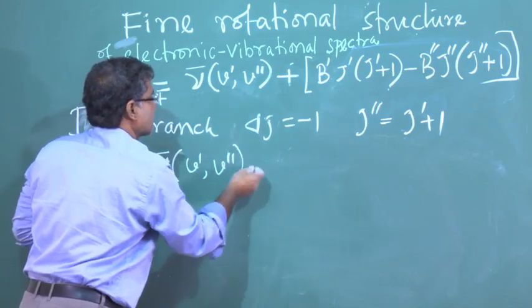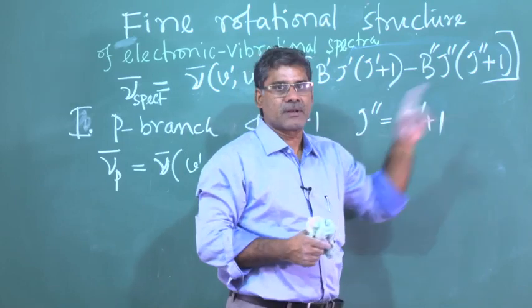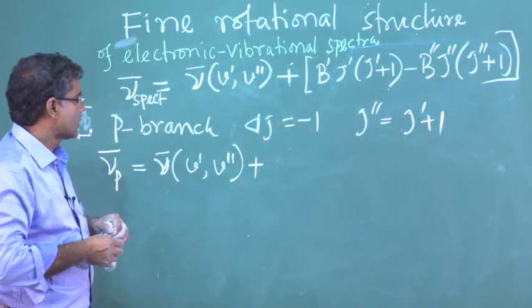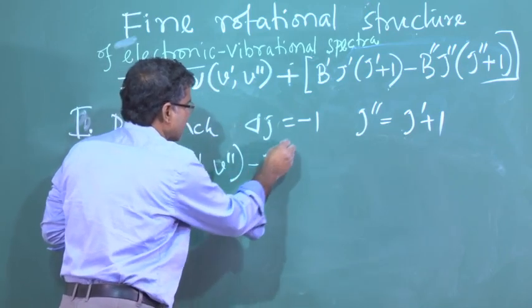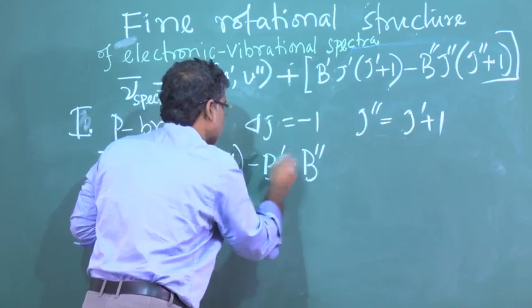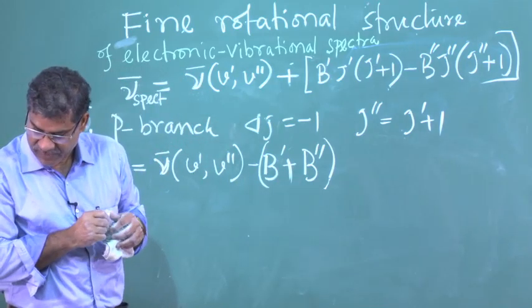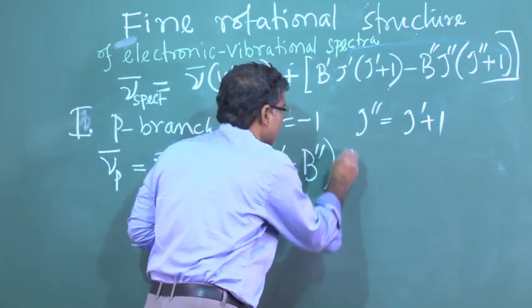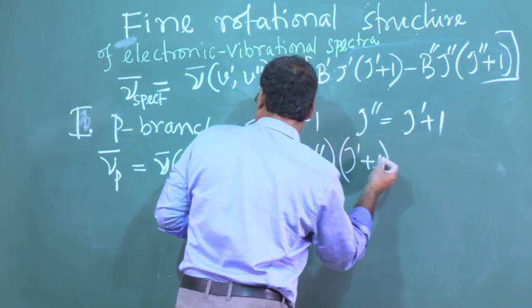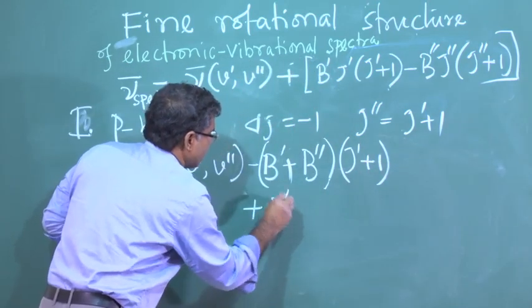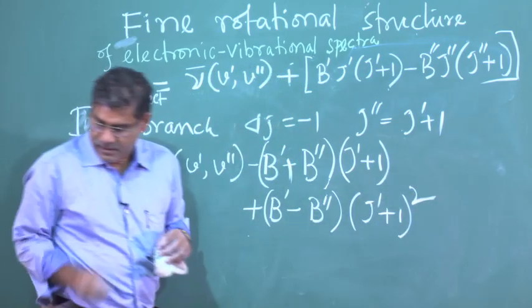nu equal to nu V dash V double dash plus, if you replace J double dash equal to J dash plus 1 and then simplify it, you will get B dash minus B double dash, J dash plus 1, and then plus B dash minus B double dash, J dash plus 1 whole square, J dash minus 1 whole square.